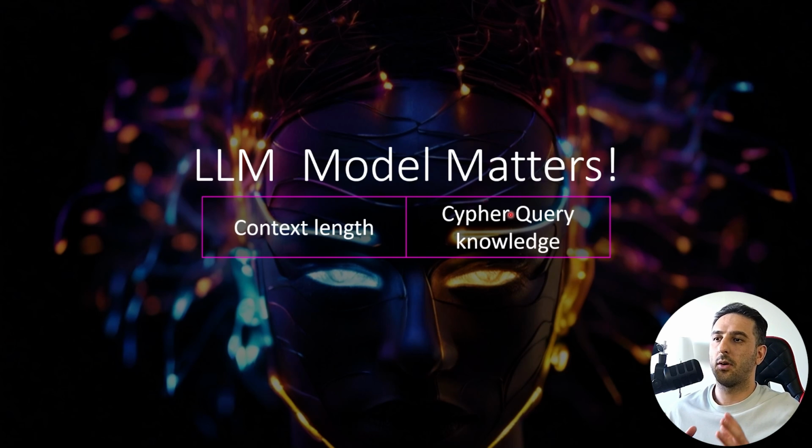To be more specific, there are two features of LLMs that are very important to me. The first one is the context length, and the second one is the Cypher query knowledge of your LLM. So when we are connecting these types of agents, like the SQL agent that we saw in the previous video, or the knowledge graph agent that we are going to use in this video, to our databases, there is a great chance that the amount of data that is going to be processed using that large language model is going to be huge.